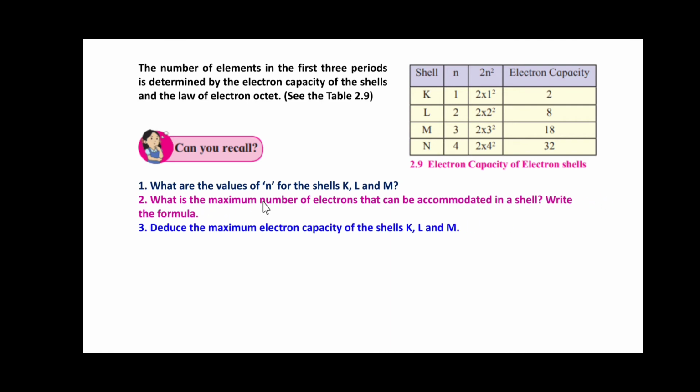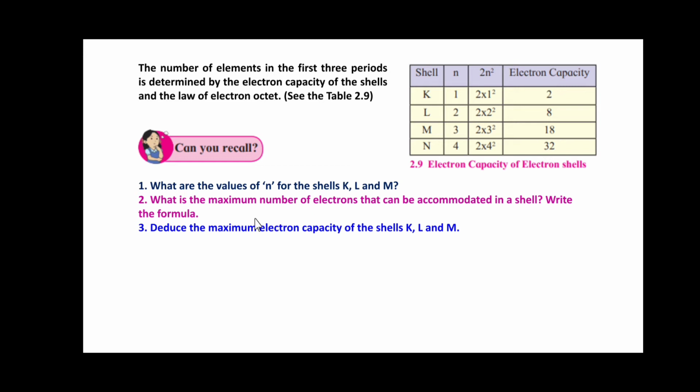This is the question. Friends, here we must think about how many electrons the different shells hold. K shell has n = 1, L is 2 and M is 3. The values of n for K, L, M are 1, 2 and 3.